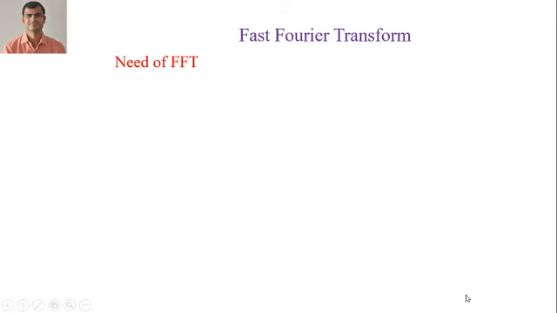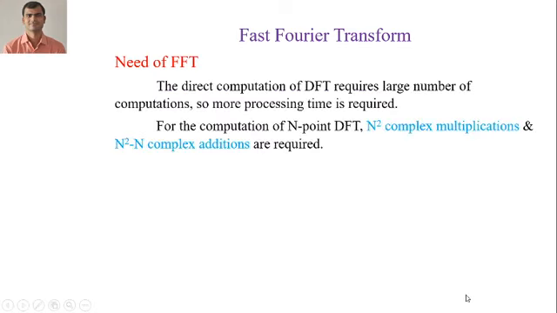For a direct computation, to perform complex additions and complex multiplications, we require N square complex multiplications and N square minus N complex additions. So that is the purpose to have an FFT. We require a large number of computations, so the processing time will be more.